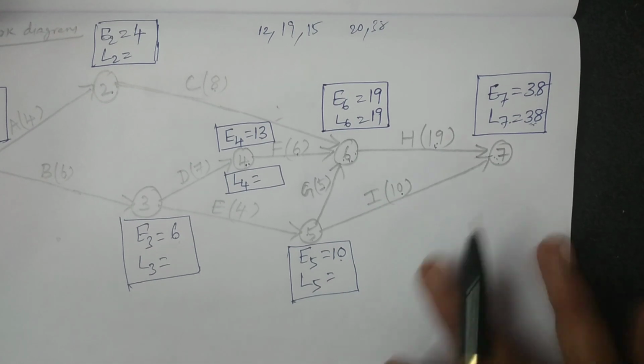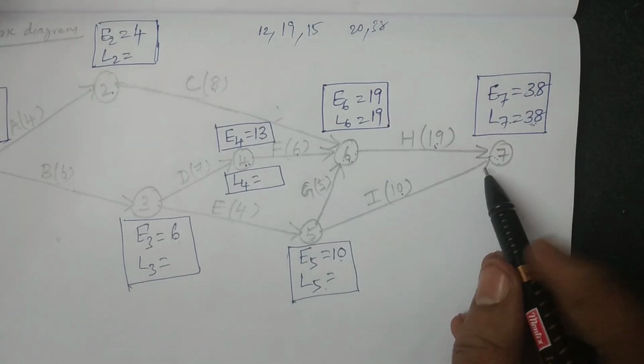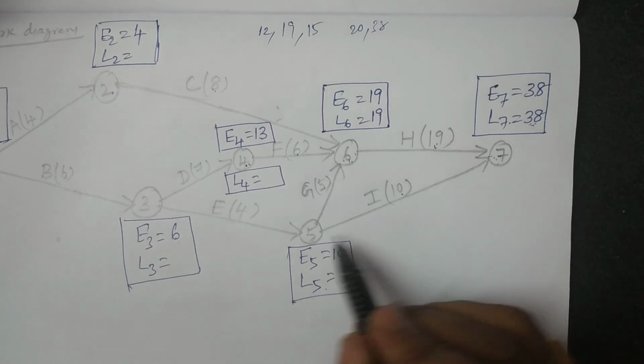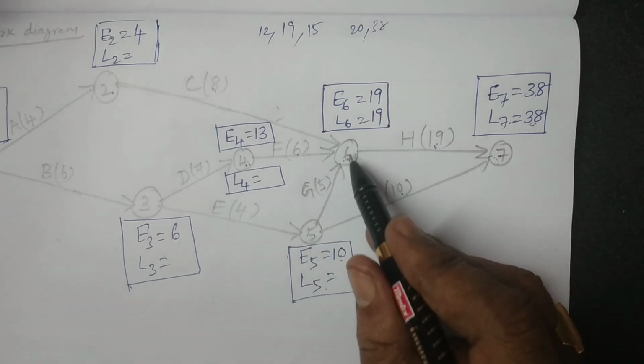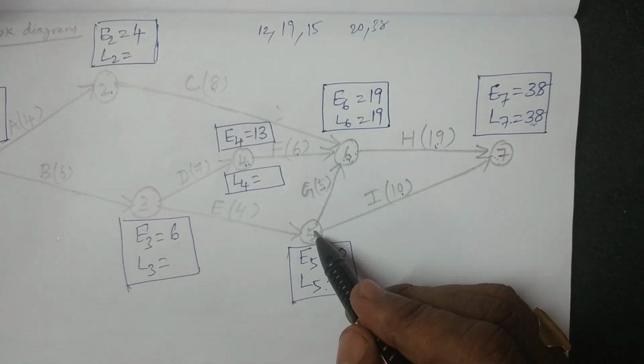The fifth one, L5 is going to be calculated. It is connected with two connectors. From 7 it is coming back to 5, and 5 to 6, that is from the sixth event also we have one connector.